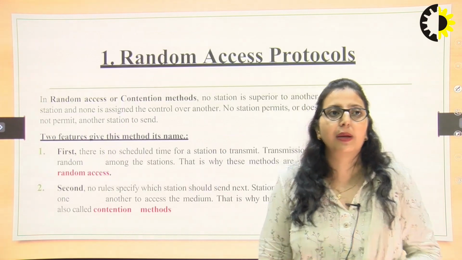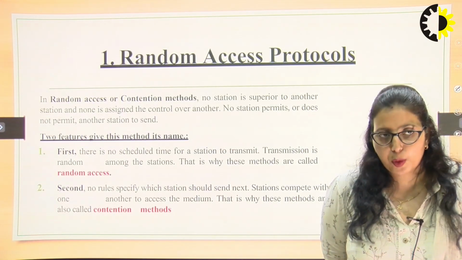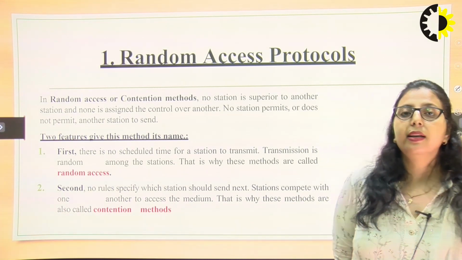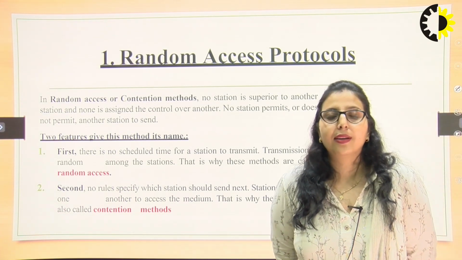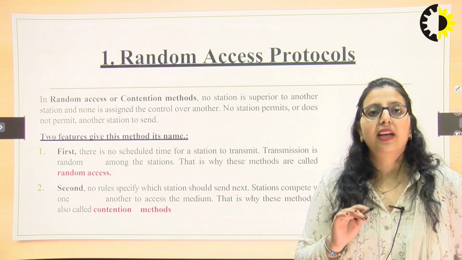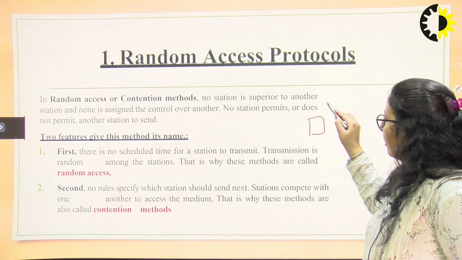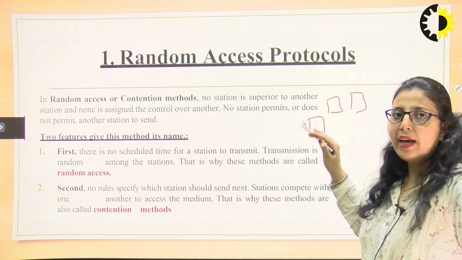So, starting from the random access protocol. Basically, what the random access protocols are is that there is no superior to another station. While we are sending data by using a random access protocol, there is no superior. If these are the nodes, then all have equal rights.